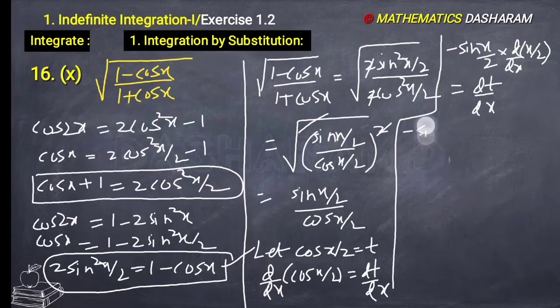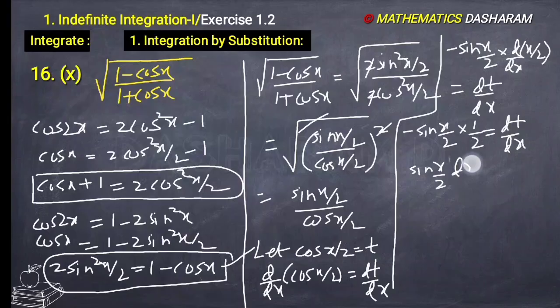So minus sin x by 2, and the derivative of x by 2 is 1 by 2. It is equal to dt by dx. So sin x by 2 dx, transpose to the left side and 2 transpose to the right side, so it is equal to 2 dt, and minus also, so minus 2 dt.